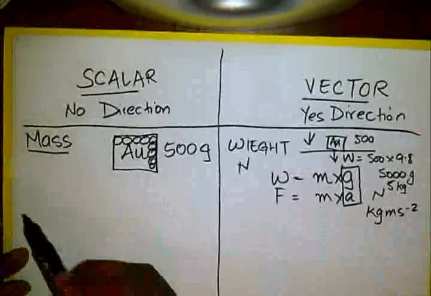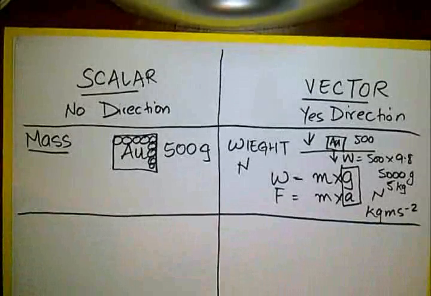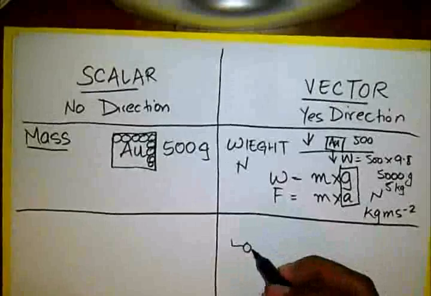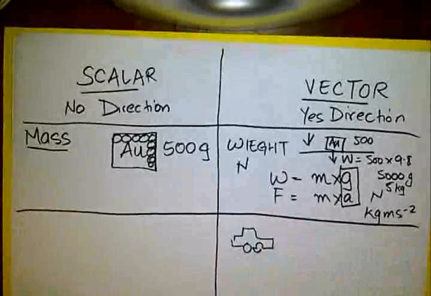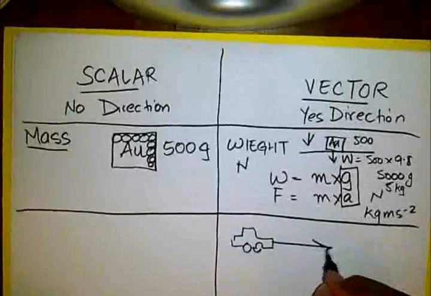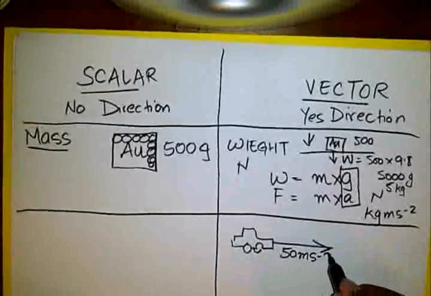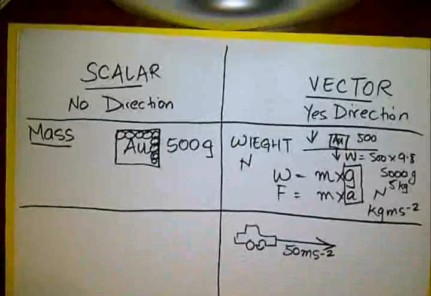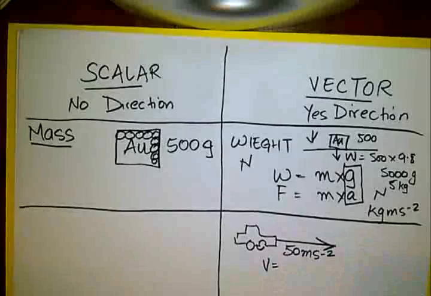So let's take another example. What about speed and velocity? A very classic example of the difference. So we have, let's say, a car. That's a car. It's going, say, 50 meters per second. And say it's going in that direction. Its velocity is what?